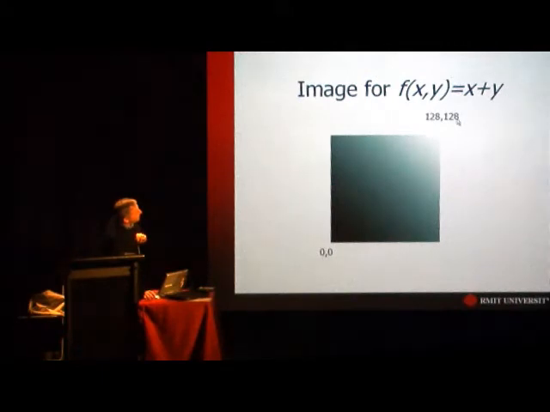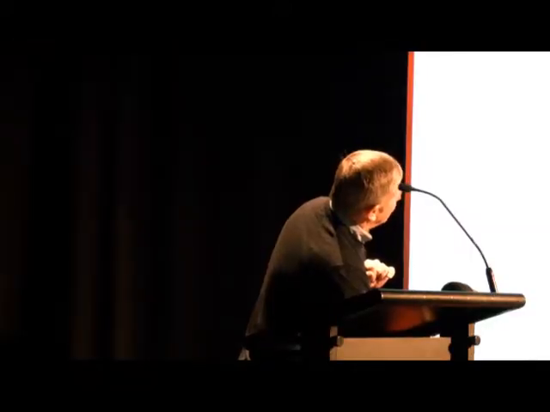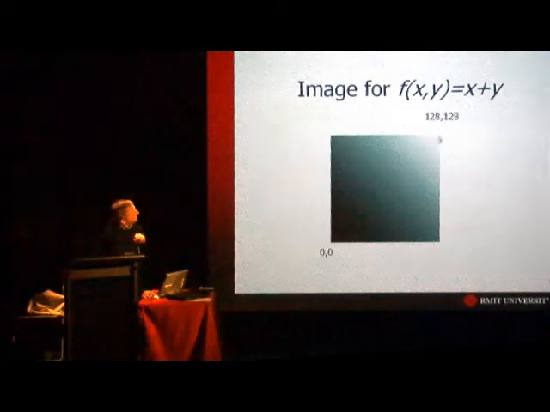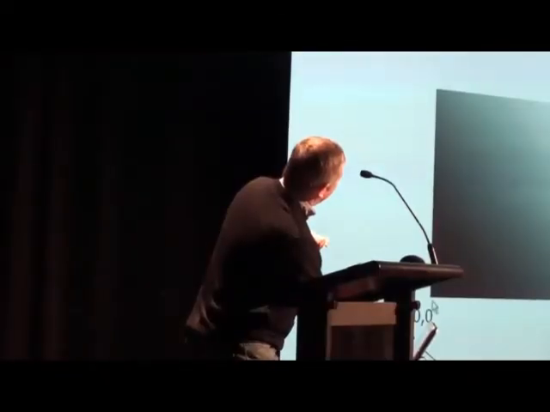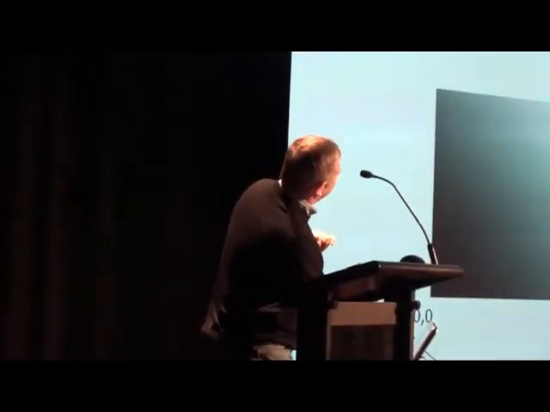And I've conveniently only gone this high, 128, 128, 256, so that's the white. And you can see that this area is sort of mostly white, and as you might expect, there's a systematic gradient going from here up to here.